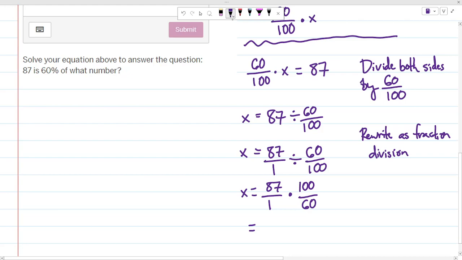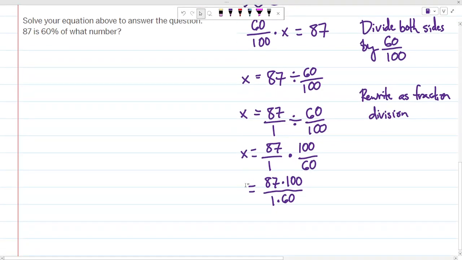So that product would be 87 times 100 over 1 times 60. So when you do these calculations, you would have 8,700 over 60.